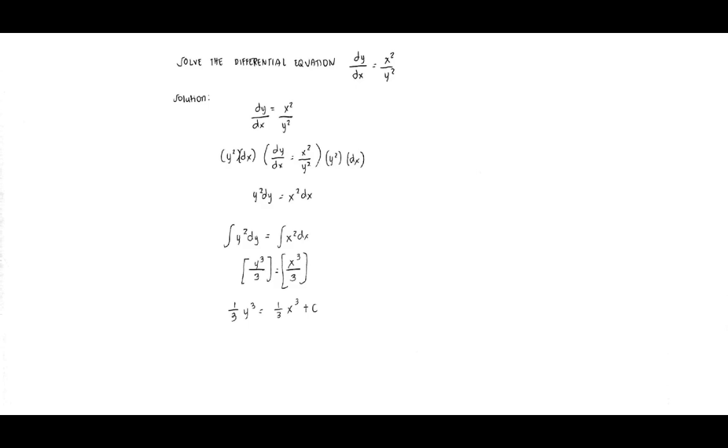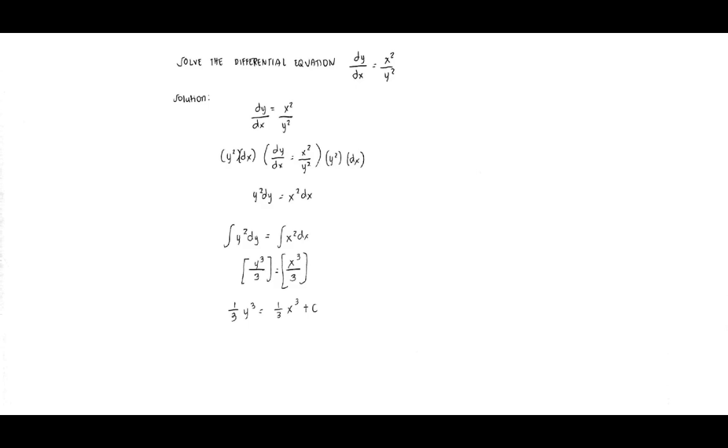Solve the differential equation dy/dx equals x squared over y squared. First we write the equation in terms of differentials and integrate both sides. So dy/dx equals x squared over y squared.